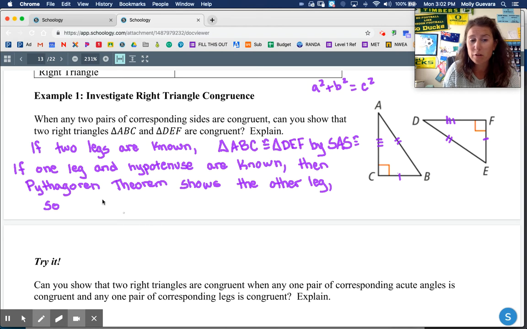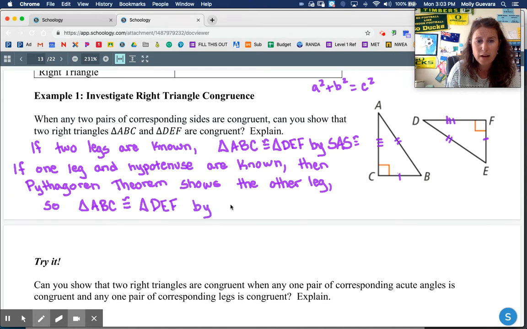Well, if I have all three sides, then I can say that triangle ABC is congruent to triangle DEF by side, side, side congruency.